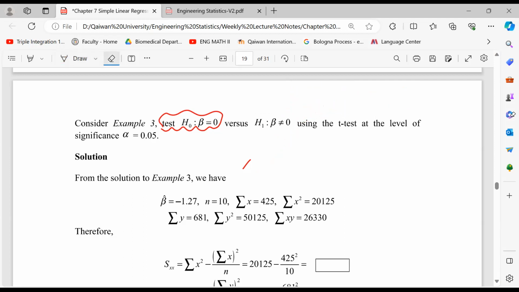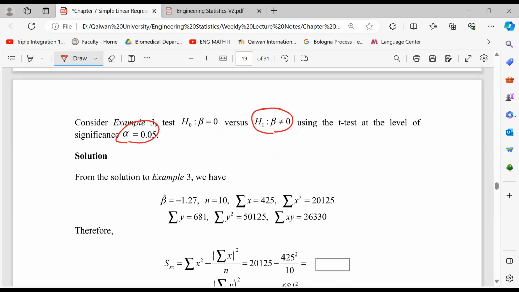If one of them is greater or less, we can use only t-tests. But if it says it doesn't equal 0, it means both greater or less than 0, both cases. It's two-sided, so we can use t-test or F-test for solving it. As you see, alpha is given. Alpha should be given.